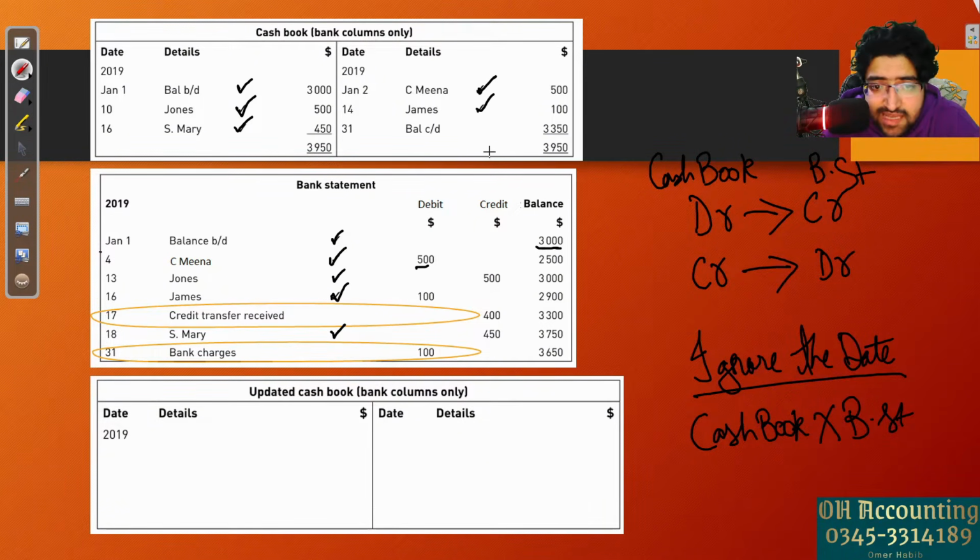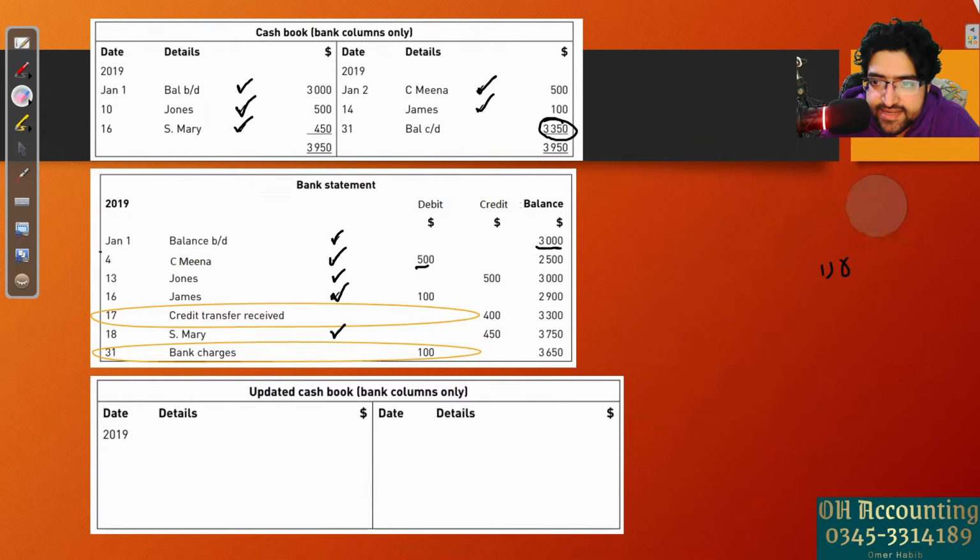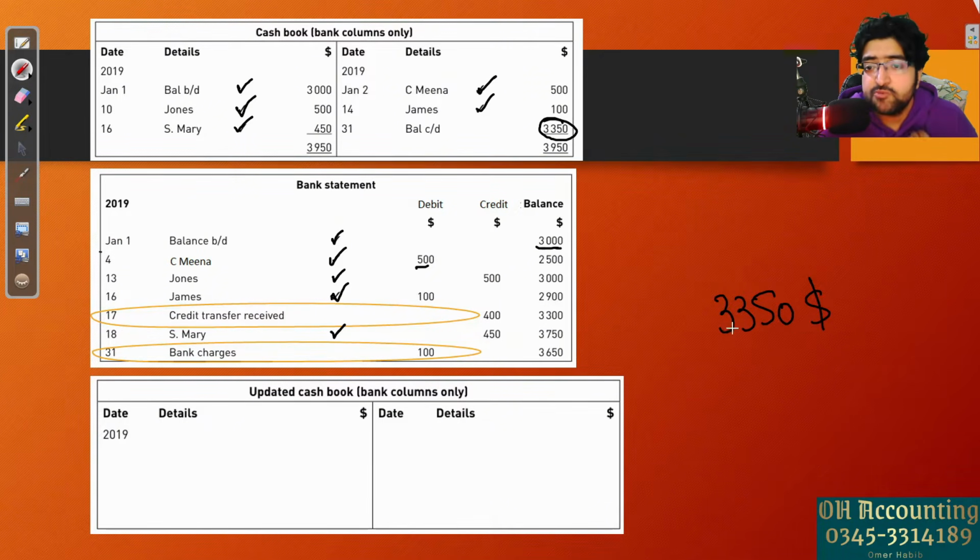Once you have balanced the cash book, you have figured out that your balance is $3,350. Okay? I'm erasing this and writing it here. What is the balance on my cash book? It is $3,350, which means according to me, I have this much money available in the bank account right now. Okay?